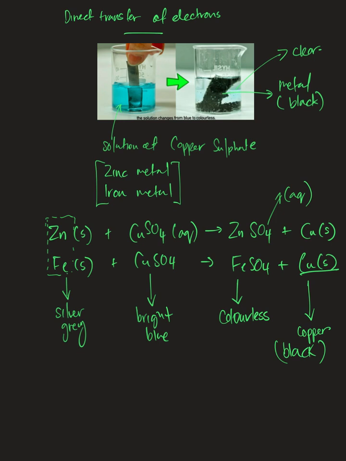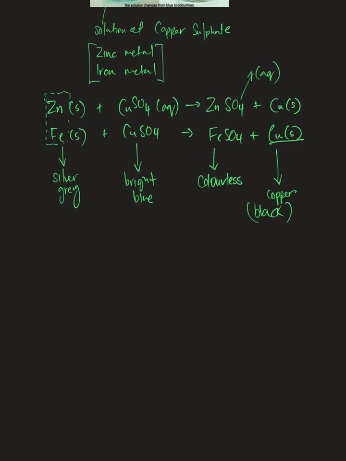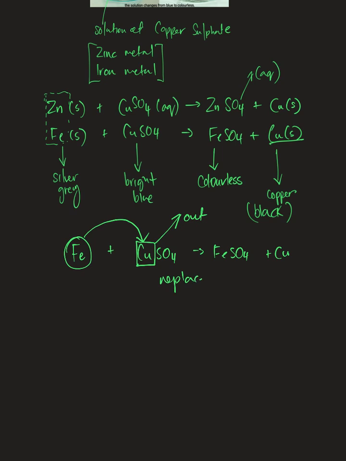And they come along, and let's say if I look at the iron, for example, even the zinc, the iron is in a situation now where it's going to come here, where this copper is, it's going to take this whole copper and push it out, and it's going to replace it.